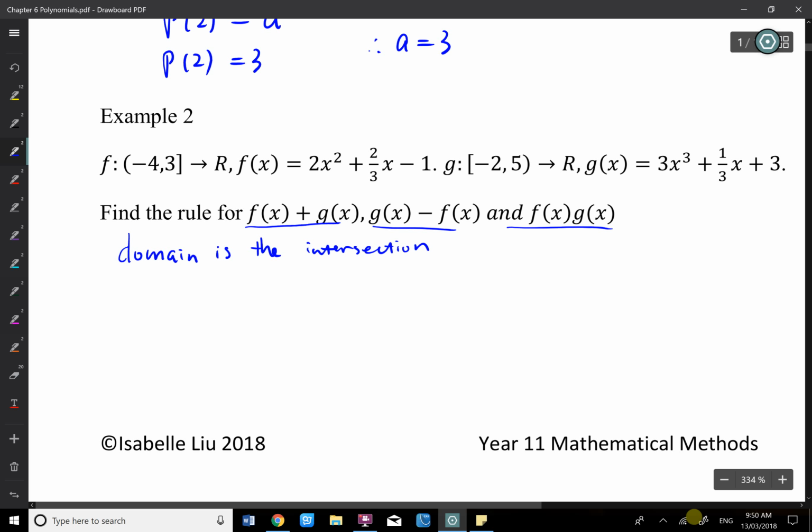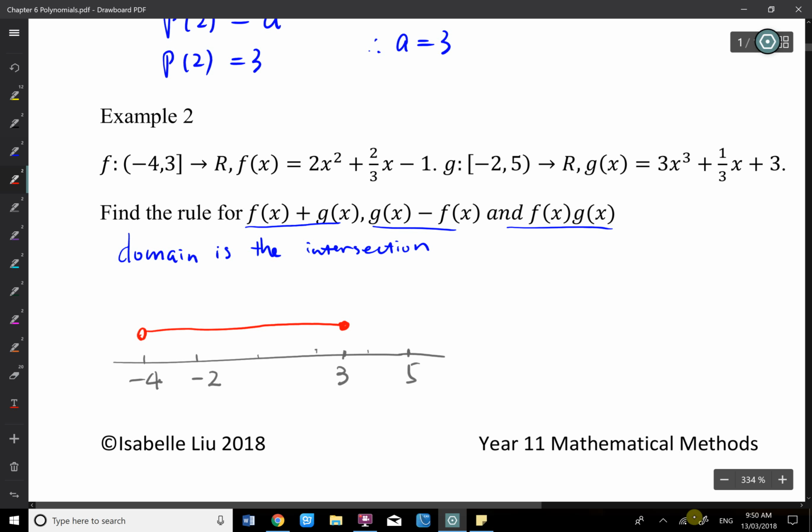To find the intersection, I have -4, -2, 0, 2, 4, and I have 3, and I have 5. For the first one, I have -4 to 3 inclusive.